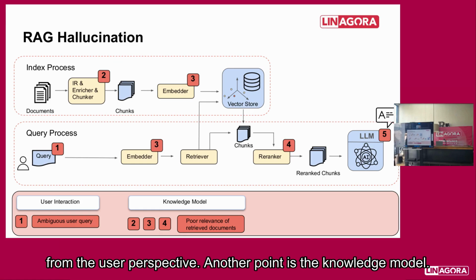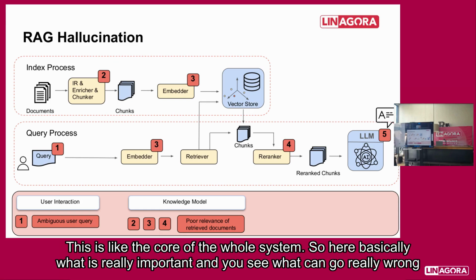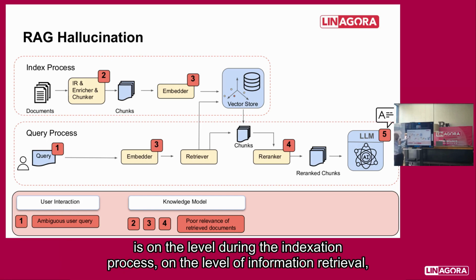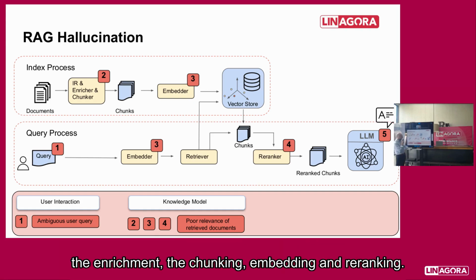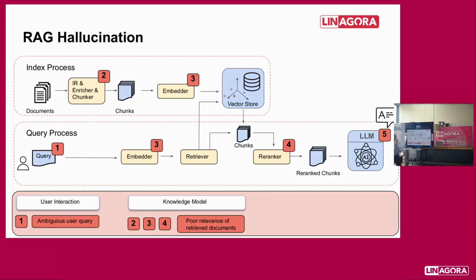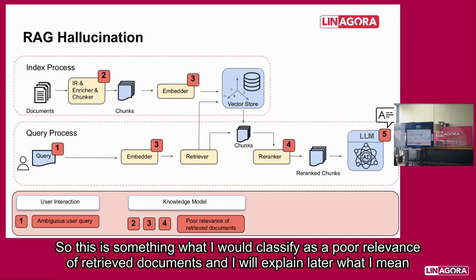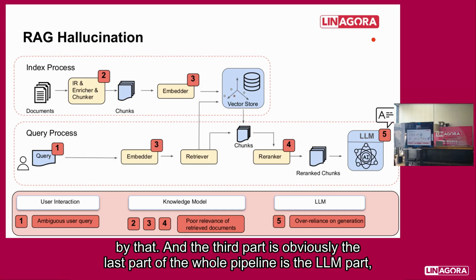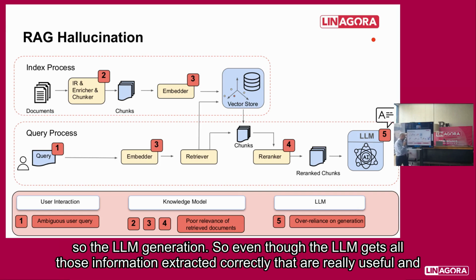Another point is the knowledge model. This is the core of the whole system. What is really important here, and you see what can go wrong, is during the indexation process, at the level of information retrieval: the enrichment, chunking, embedding, and re-ranking. This is something I would classify as poor relevance of retrieved documents, and I will explain later what I mean by that. And the third part, obviously the last part of the whole pipeline, is the LLM generation.